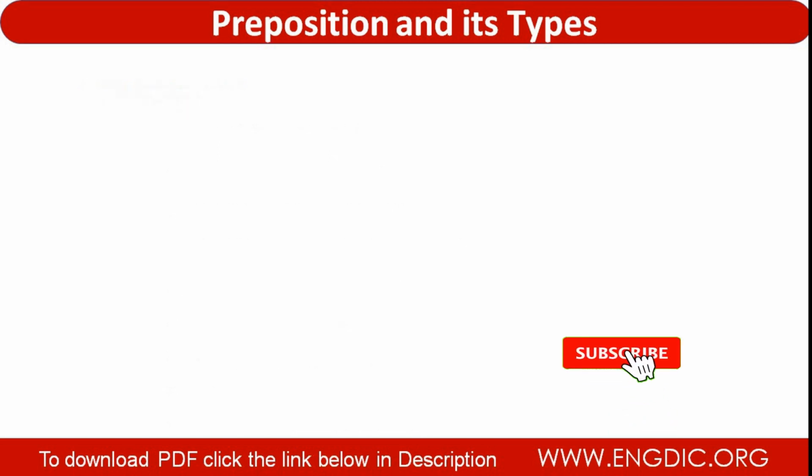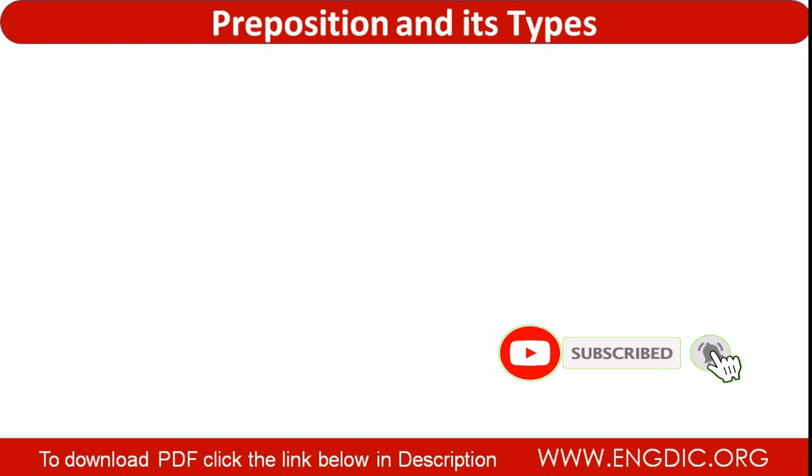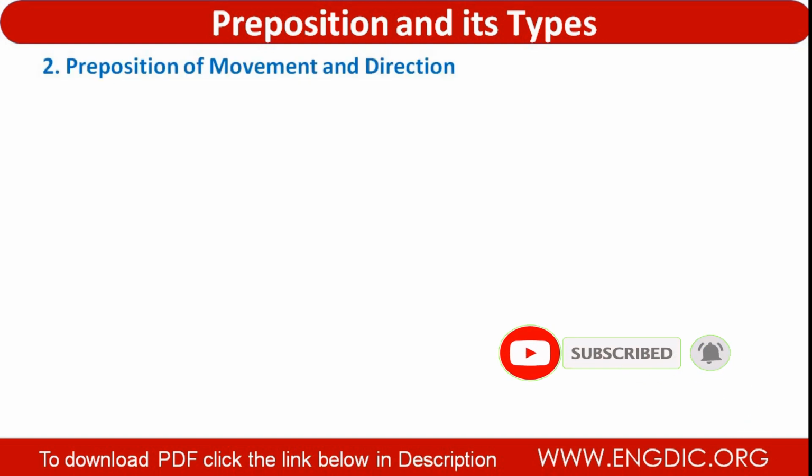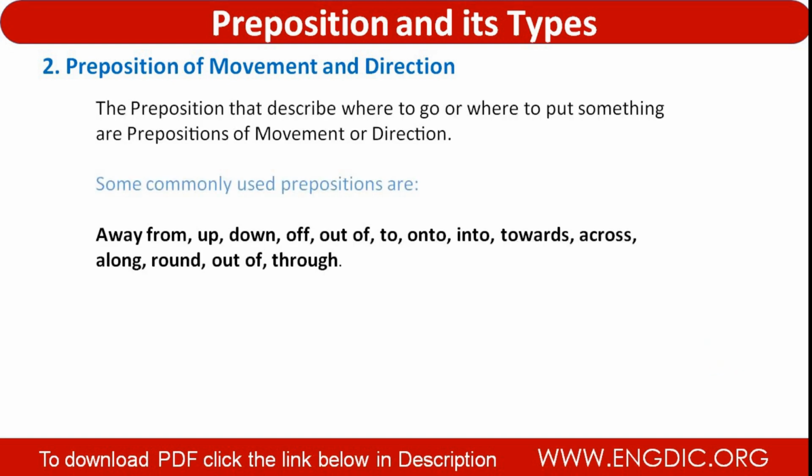Now moving towards the next type of preposition: preposition of movement and direction. The prepositions that describe where to go or where to put something are prepositions of movement or direction.